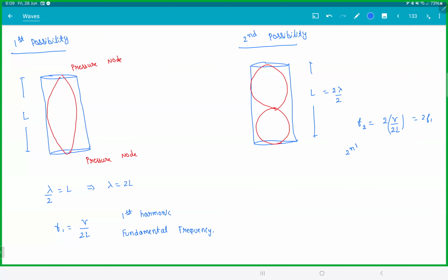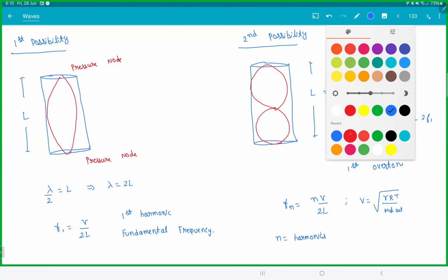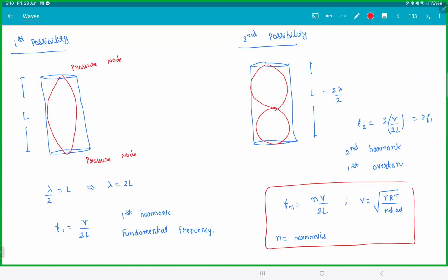Second harmonic or first overtone. Now we can keep doing this. So your general formula will be fn is equal to nv by 2L. v is equal to root over gamma RT by molecular weight in kg. n is your harmonic. This is your formula for standing waves in an organ pipe.